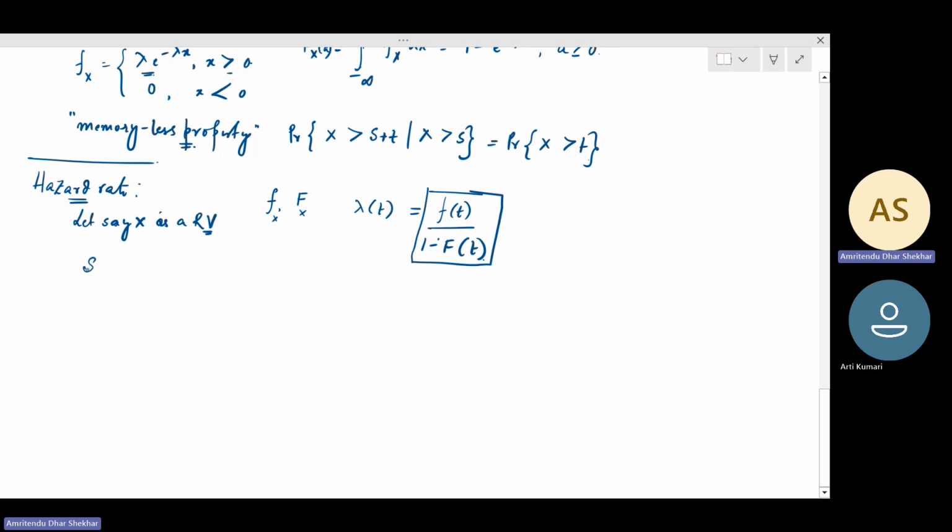Say x models the time when a car breaks down.